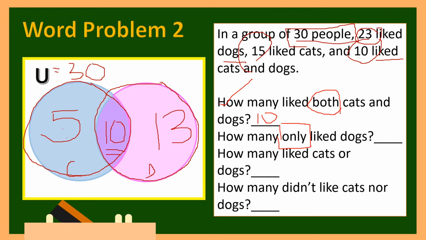Pwede nyo lang isubtract yung 23, which is yung total participants na gusto ng dog, ima-minus natin sa intersection na 10. Why? Since yung 10 kasi, pwede may kasamang cat yan. Pero ang hinahanap lang natin for this time is dog. So, subtract natin kay 10. Simply, ang gusto lang ng dog is 13.